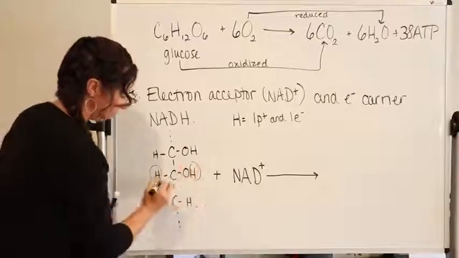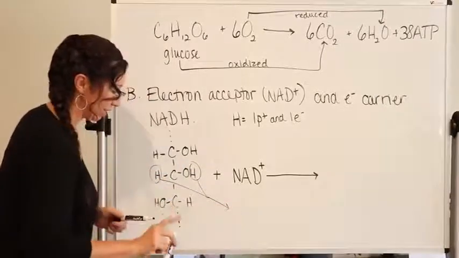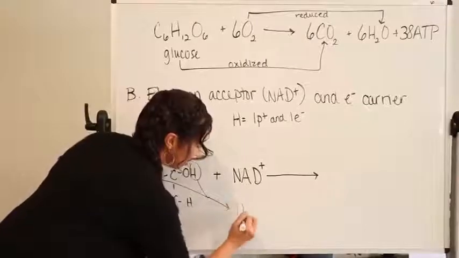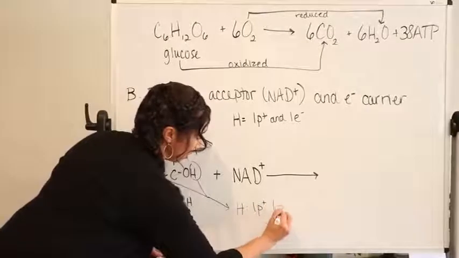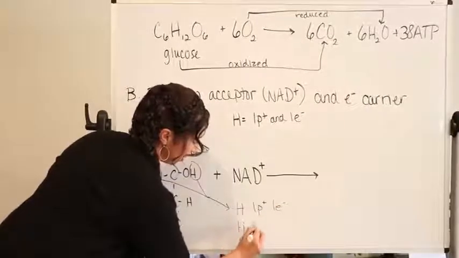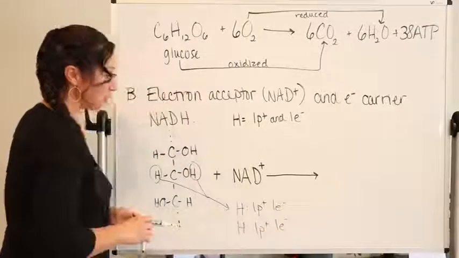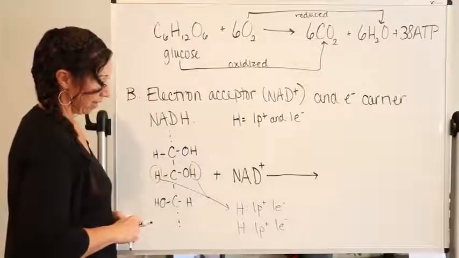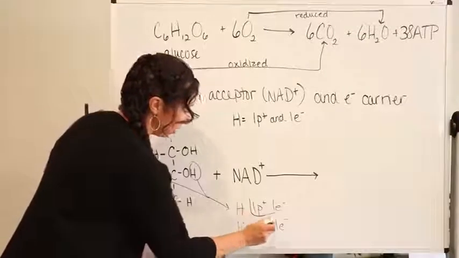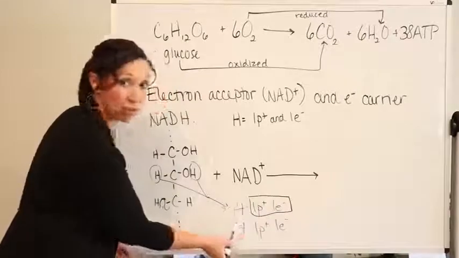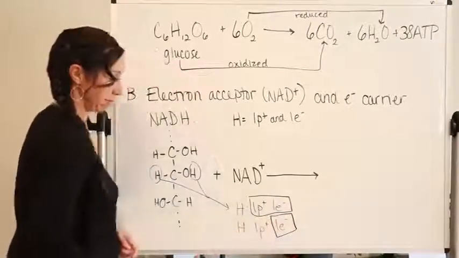If I were to take these 2 hydrogens and show you what they look like atomically: one of these hydrogens, you got 1 proton, 1 electron. This hydrogen, you got 1 proton, 1 electron. What NAD plus does is it's able to take 1 proton and 1 electron, which is a hydrogen, and it also takes another electron.